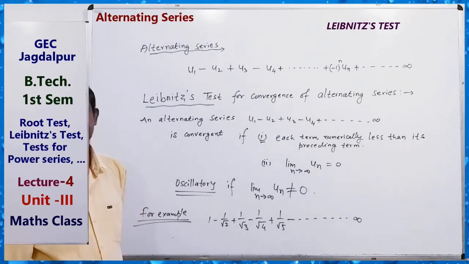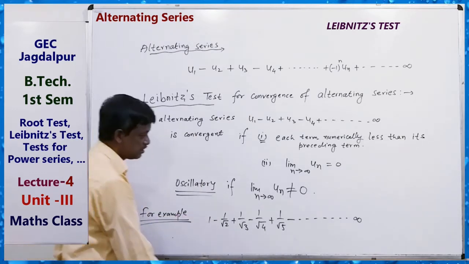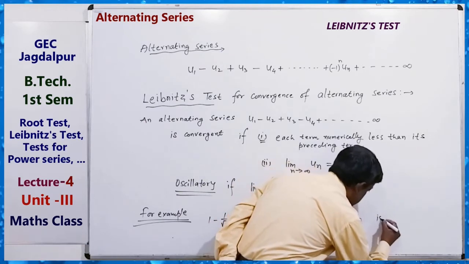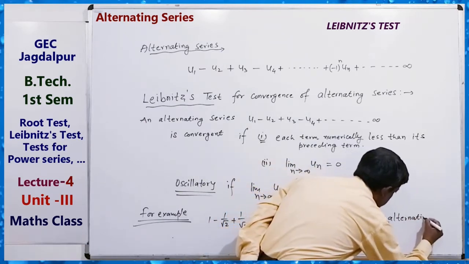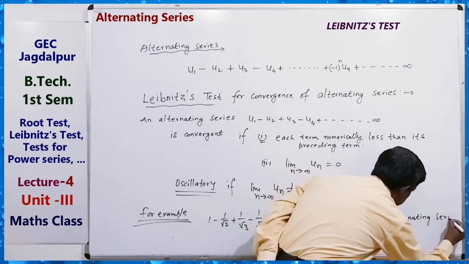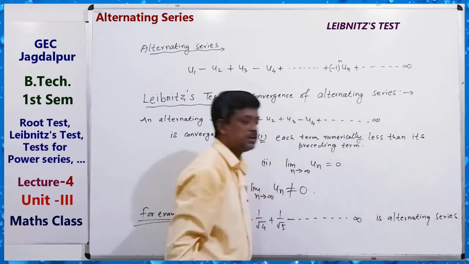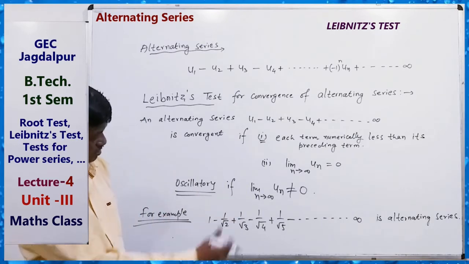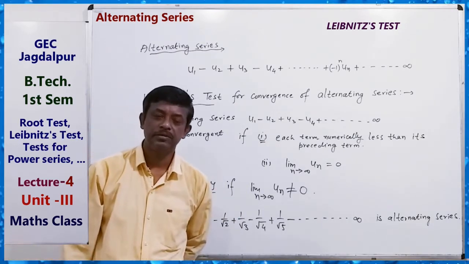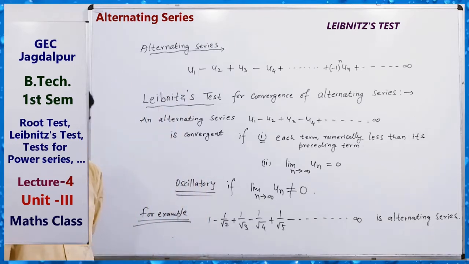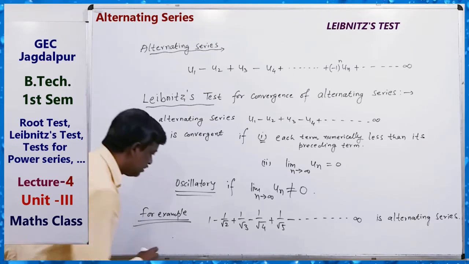This is the given series. This is an alternating series because the terms are alternately positive and negative.